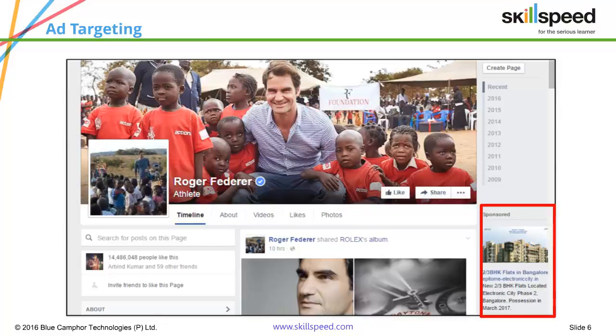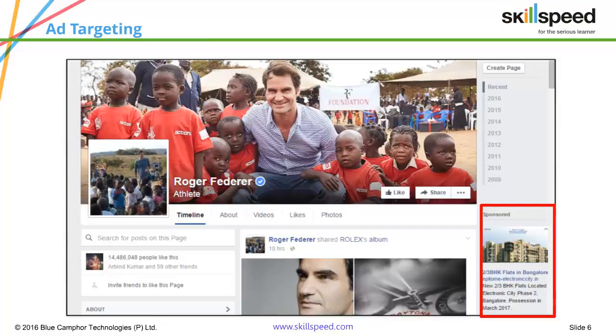You might have seen these advertisements many times. Whenever you visit social media platforms such as Facebook, you automatically get an advertisement on the right hand side. It is not that you just get an advertisement, this comes in real time. Think about Facebook. Facebook has 1.5 billion users, and most of them are online most of the time.